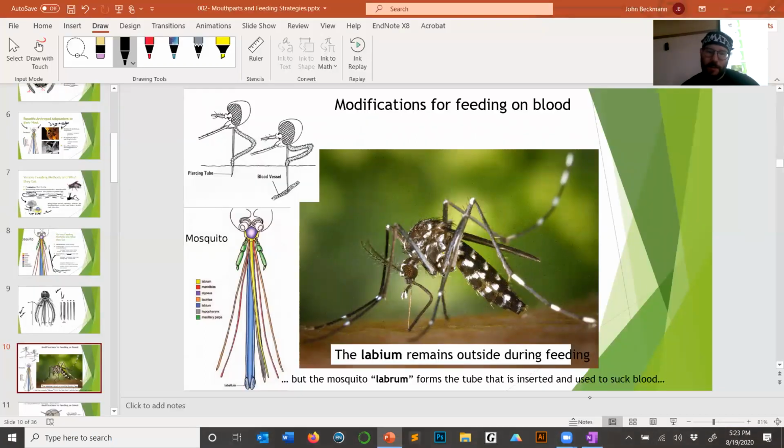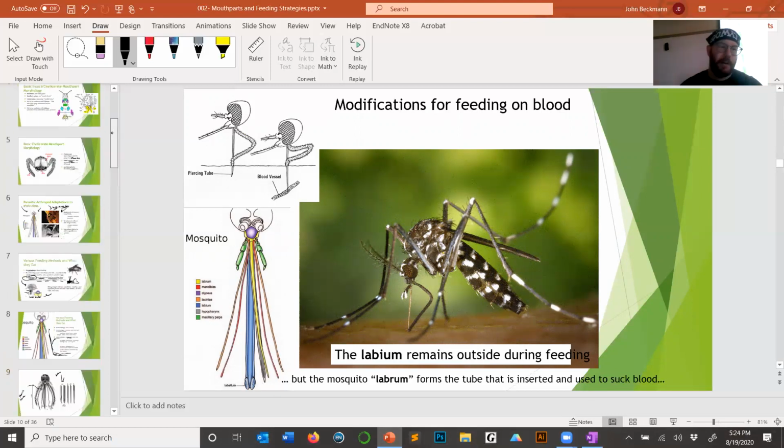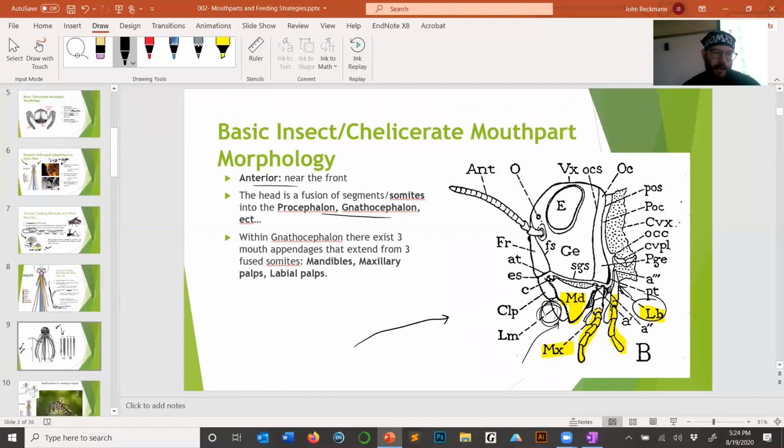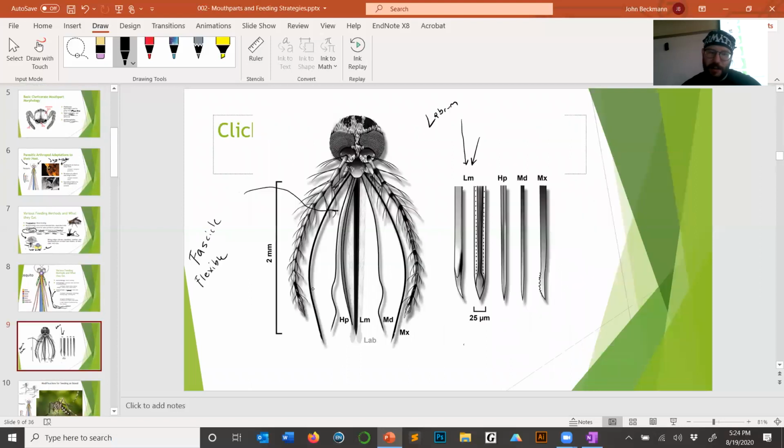Once it finds a good spot, there is this sheath called the labium. This was the lower lip in the grasshopper. Let's see if we can find that again. This thing underneath here. In the mosquito, the labium has evolved to become this protective sheath.